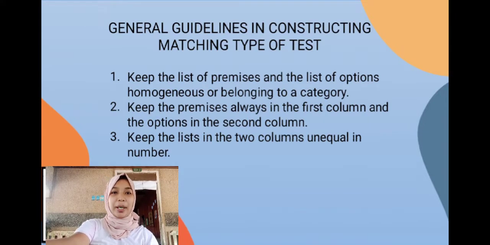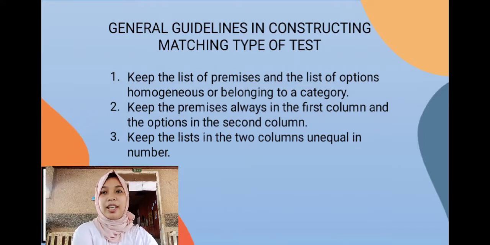And now let's talk about the general guidelines in constructing matching type of test. So first, keep the list of premises and the list of options homogeneous, or belonging to a category. In sample number 1, the premises are events associated with the Philippine presidents, while the options are all names of the presidents.